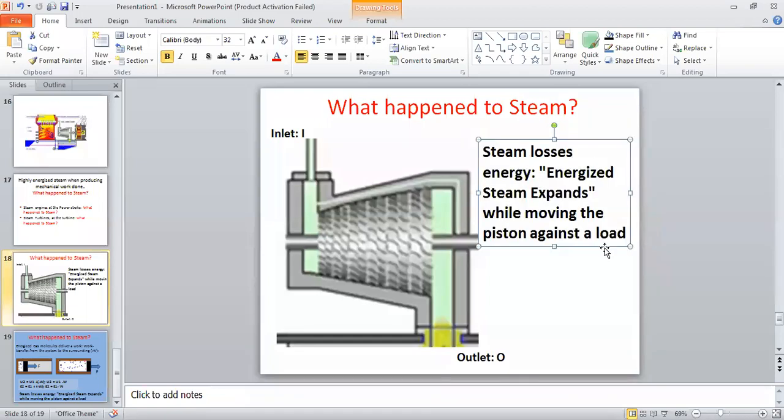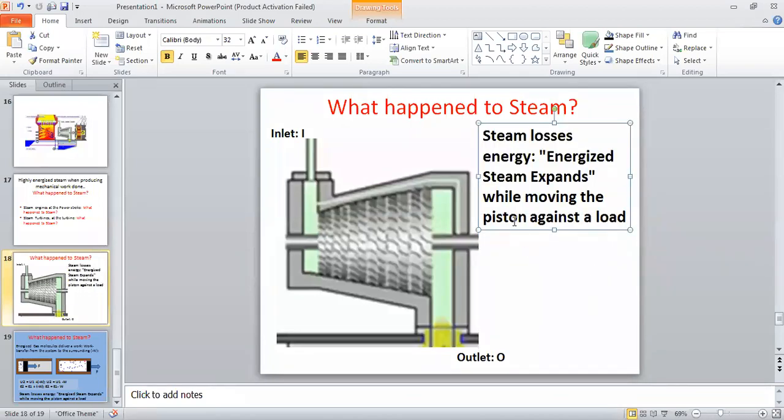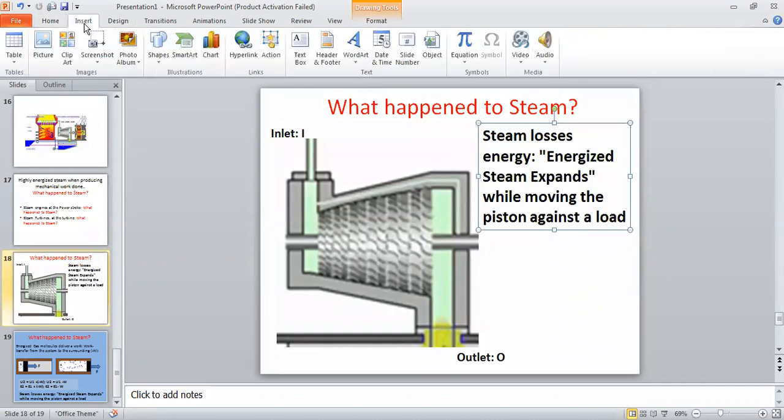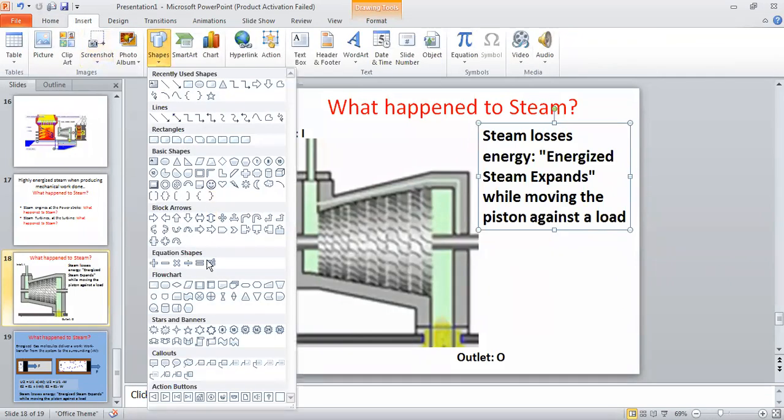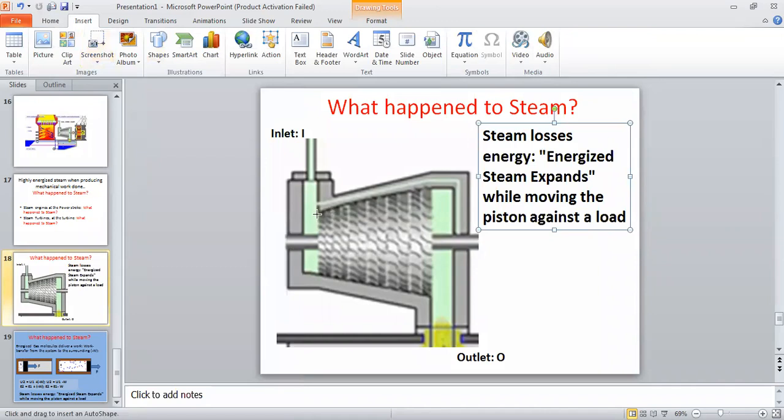Steam loses energy. Expands. See, I will show you the expansion. Initially, steam sweeps here.